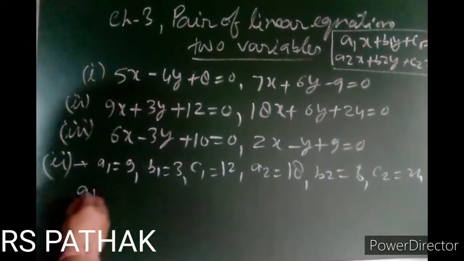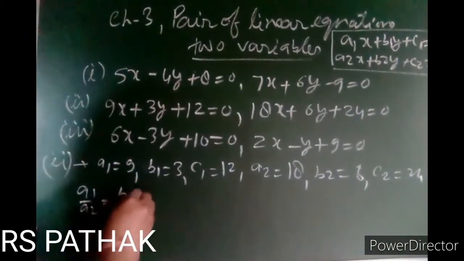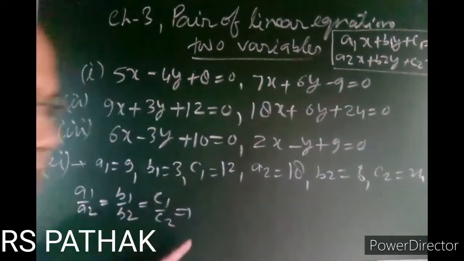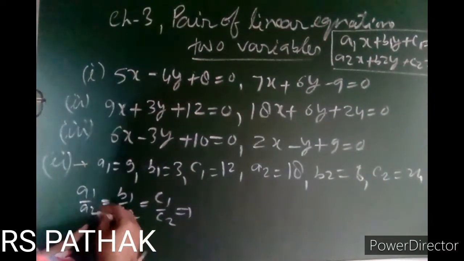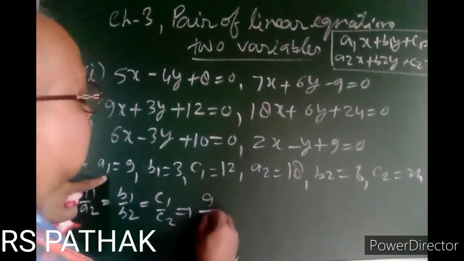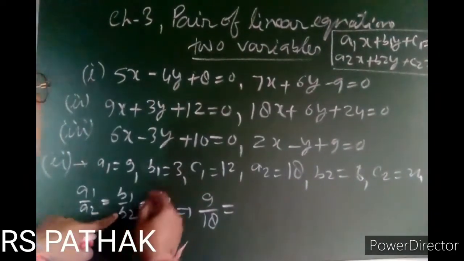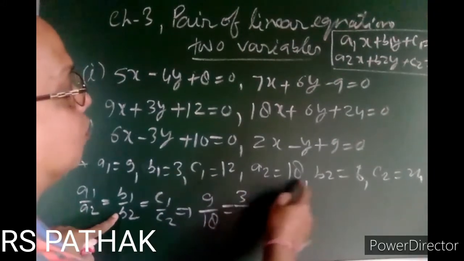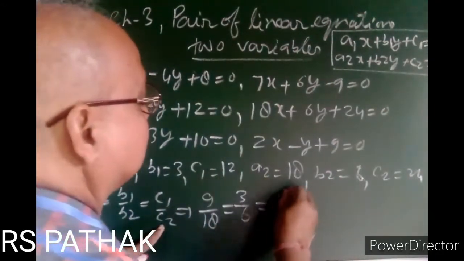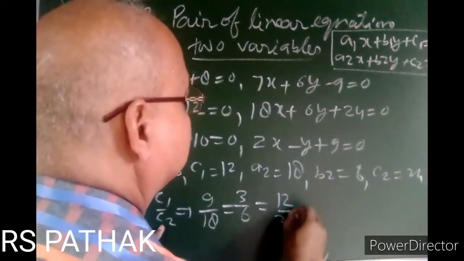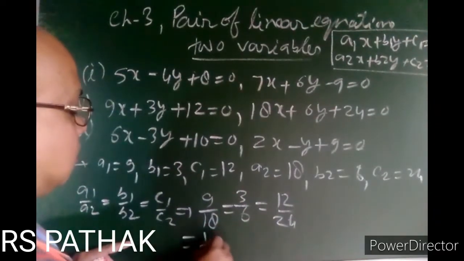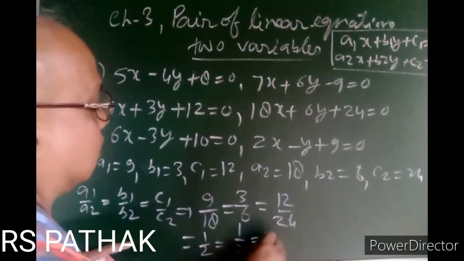Now A1 upon A2 equal to B1 upon B2 equal to C1 upon C2. I will see which are equal. A1 upon A2 means 9 upon 18, equal to B1 upon B2, 3 upon 6, and C1 upon C2, 12 upon 24. Here 1 upon 2 equal to 1 upon 2 equal to 1 upon 2.